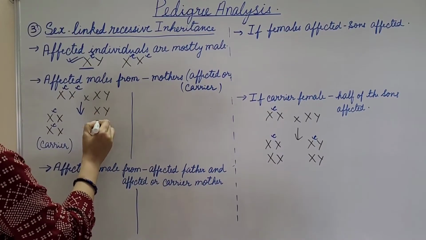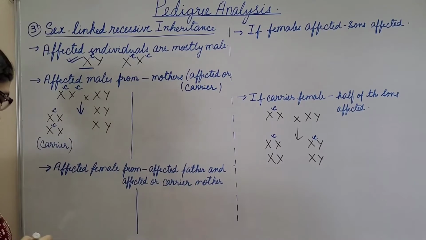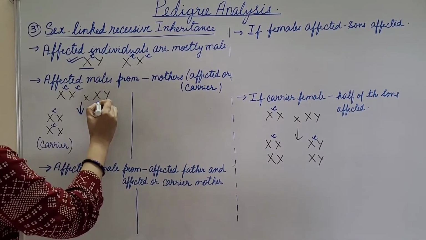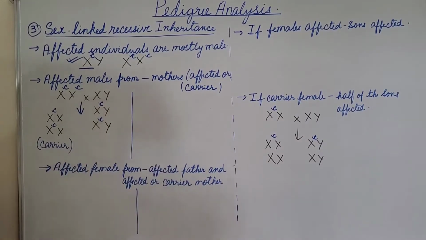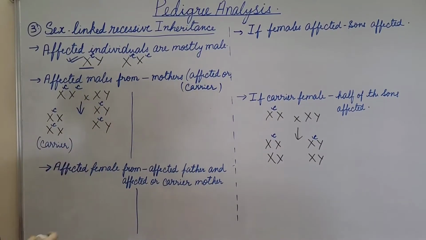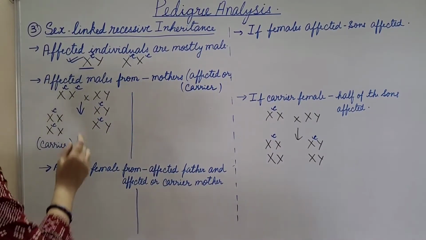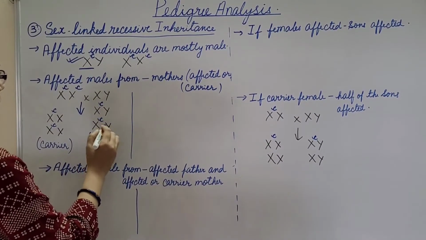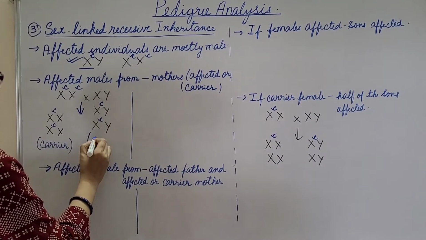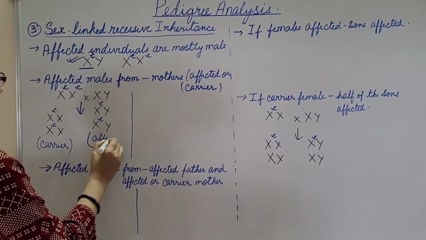Son or the male receives the X chromosome from mother, so all have the recessive allele on the X chromosome. There is only 1 copy of X chromosome, so it expresses itself, and hence males or the sons are all affected.